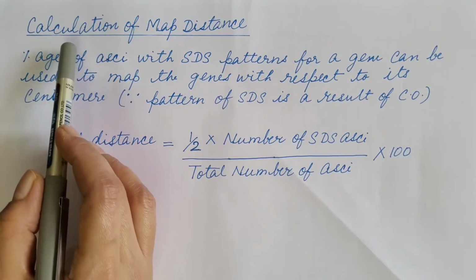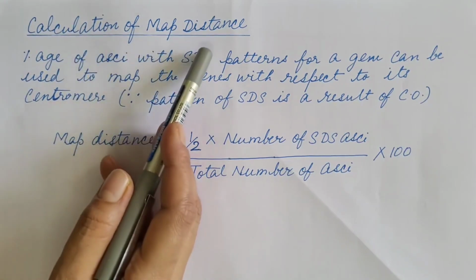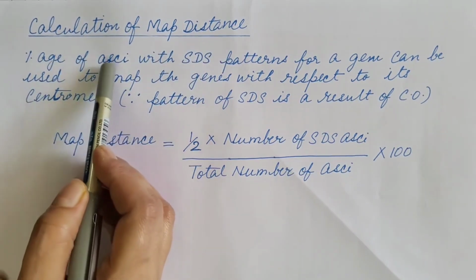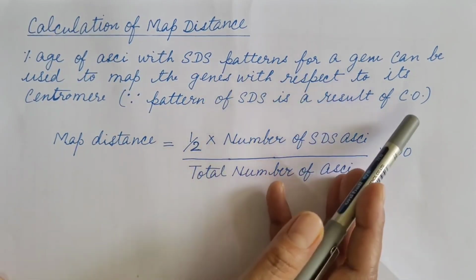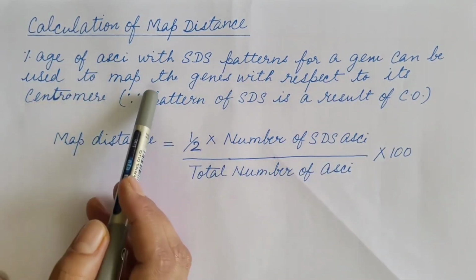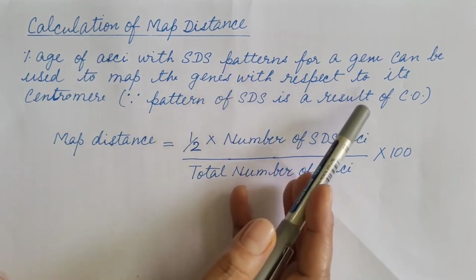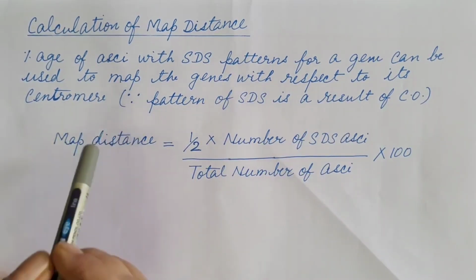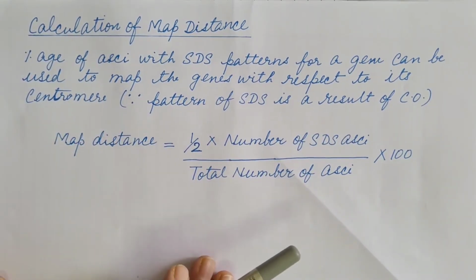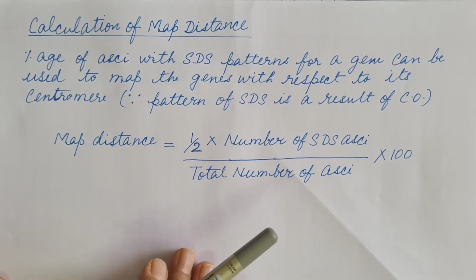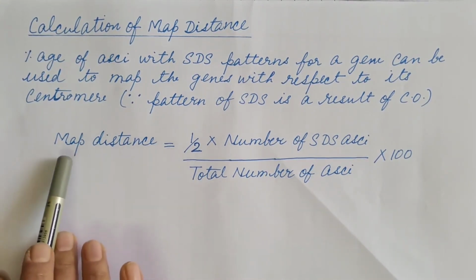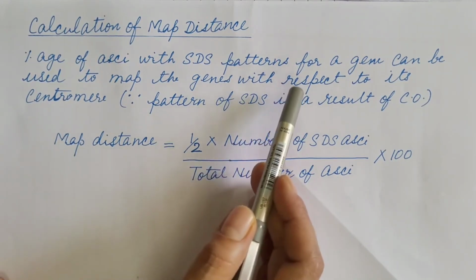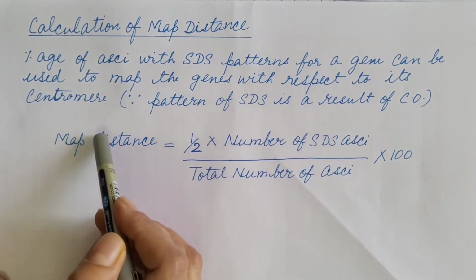Now let us see the calculation of map distance. The percentage of asci with SDS pattern for a gene is used to map the genes with respect to the centromere, or the percentage of asci with SDS pattern is used to determine the map distance between the gene and its centromere.